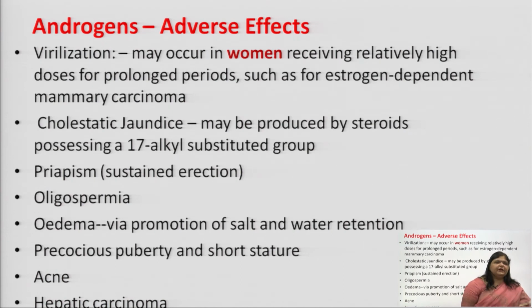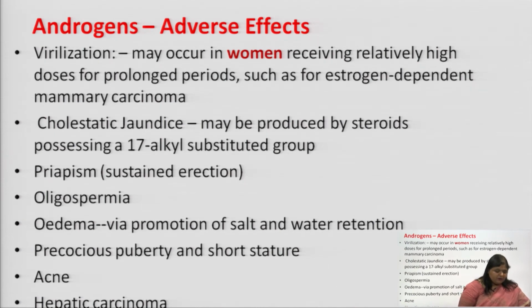Now these androgens can lead to various adverse effects also. The most important adverse effect is virilization. If a woman receives these androgens for a very prolonged period, it can lead to virilization, infertility, and it can also lead to mammary gland carcinoma, that is carcinoma of the breast.